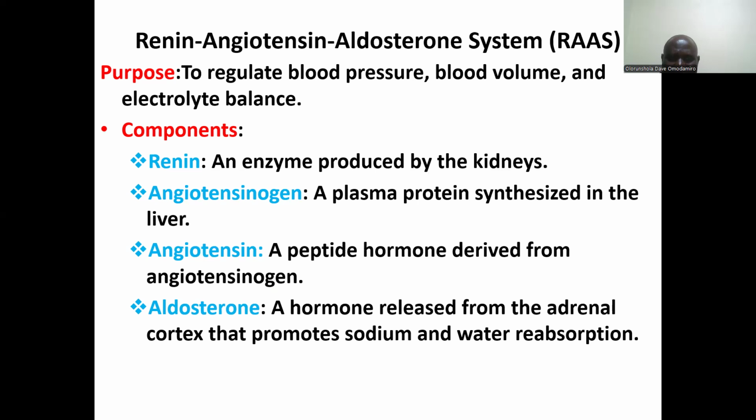Renin, which is an enzyme produced by the kidney. The second component of this system is angiotensinogen, which is a plasma protein synthesized in the liver. The third component is angiotensin, which is a peptide hormone derived from angiotensinogen.